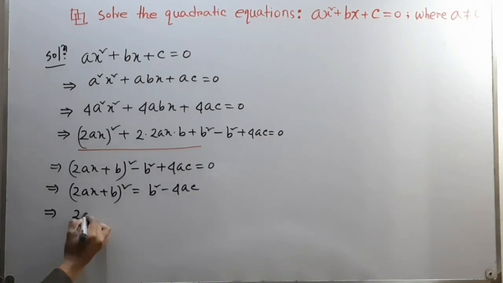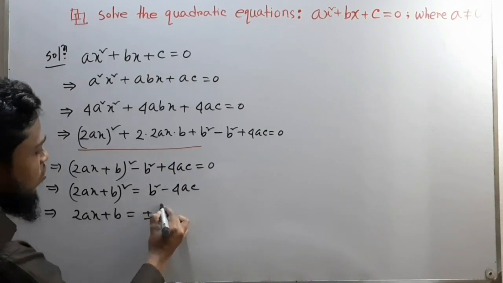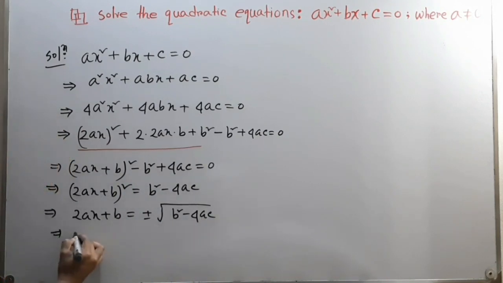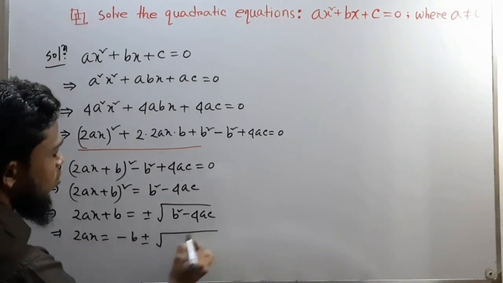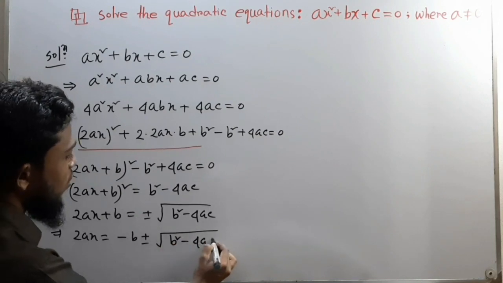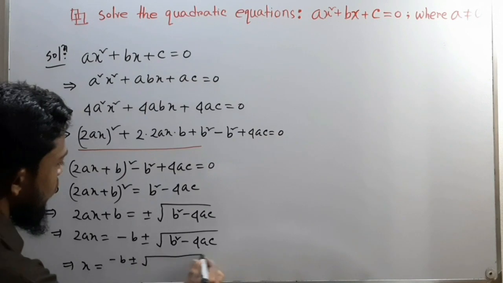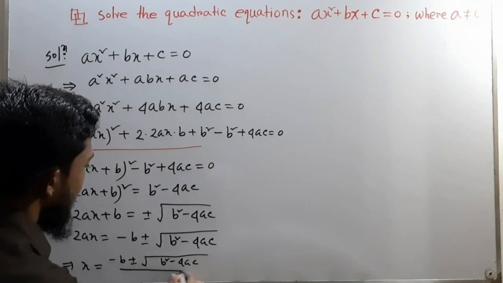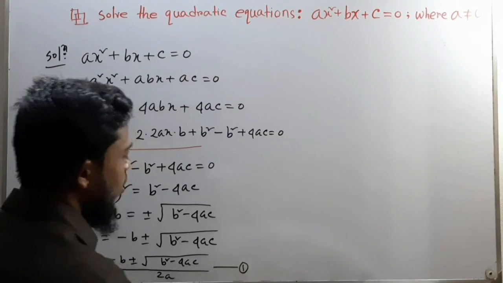So 2ax plus b is equal to plus minus root over b square minus 4ac. So 2ax is equal to minus b plus minus root over b square minus 4ac. And again we can write x is equal to minus b plus minus root over b square minus 4ac divided by 2a. This is equation number 1.